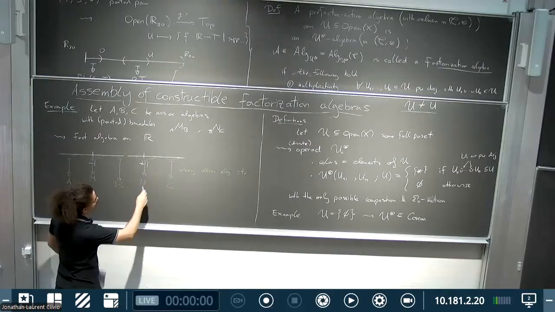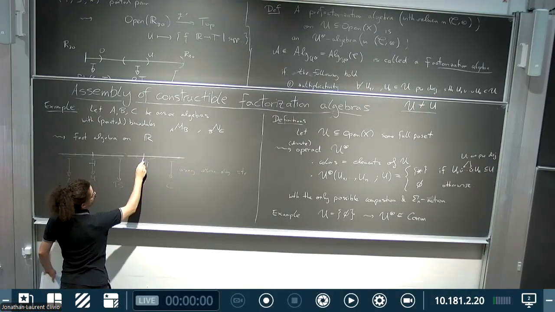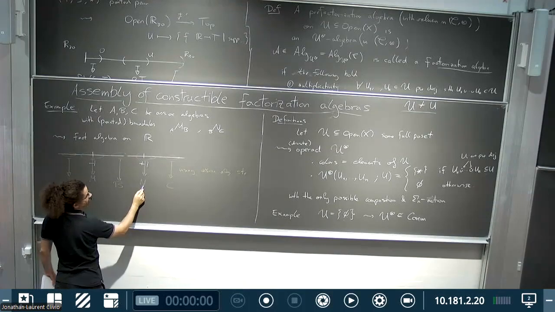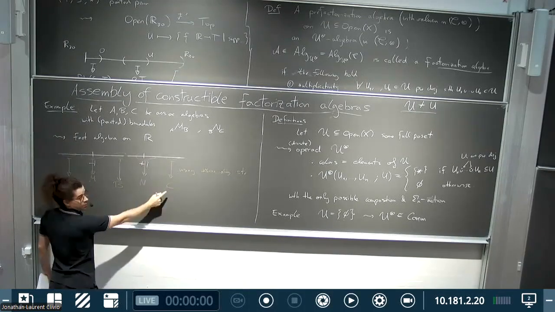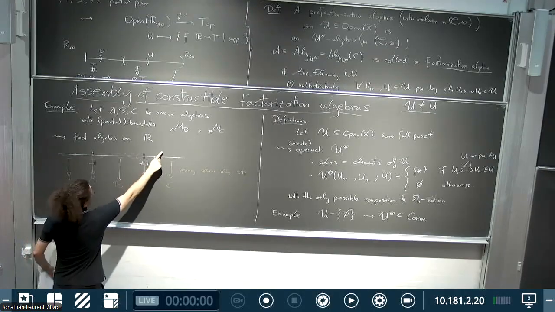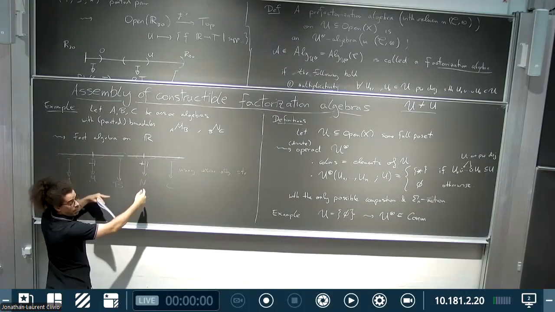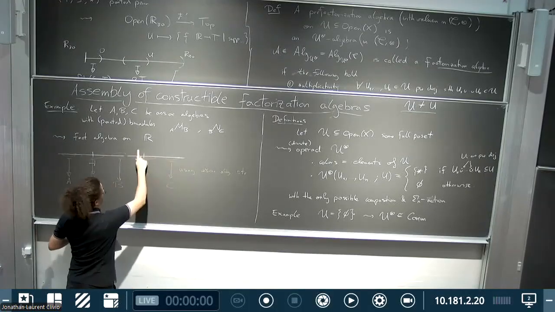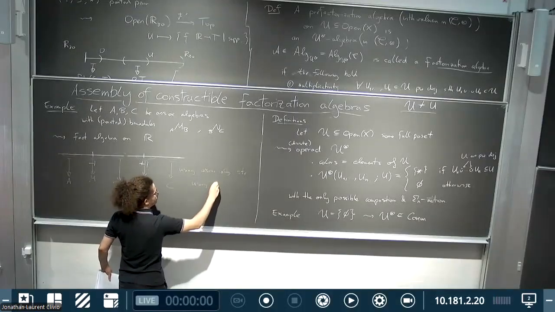For example, if you have this bigger open that still contains this point, it still gets sent to N, and the structure map from this tensor this to this one is just the multiplication map of the algebra. Similarly, the fact that you can make this even bigger to contain both a B and a C means that the two actions are compatible. So this is really a bimodule structure. Here this blue thing is using the bimodule structure.